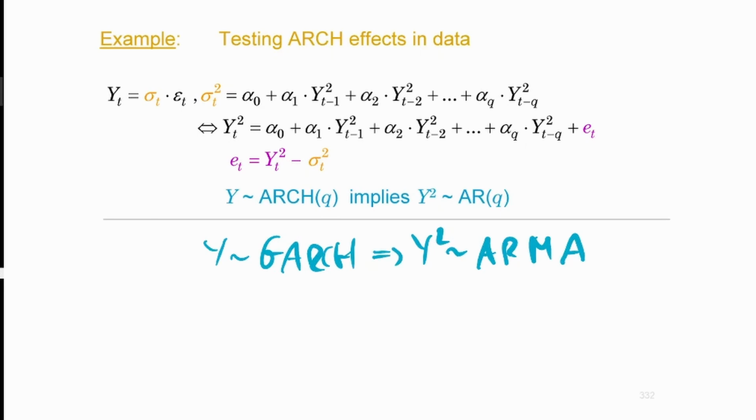If you also have a moving average structure for the squares of the process involved, this relates to the generalized version of the ARCH model, which is called the GARCH model. That came out 6 years later, if I recall correctly, 1986 or so.